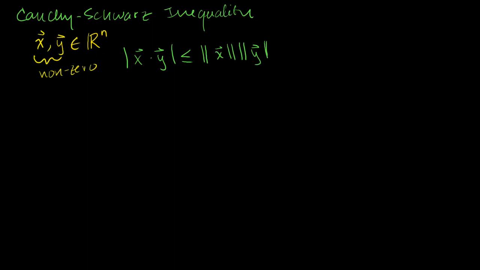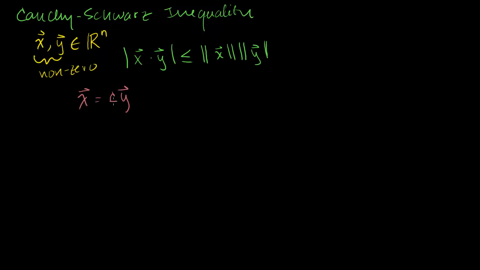We also learned that the only time this inequality turns into an equality is the situation where x is equal to some scalar multiple of y. In some textbooks you'll see that this has to be a non-zero scalar multiple, but that's a bit obvious. I told you that x and y are non-zero. If c was 0, then x would be 0, and I just said that x is non-zero.